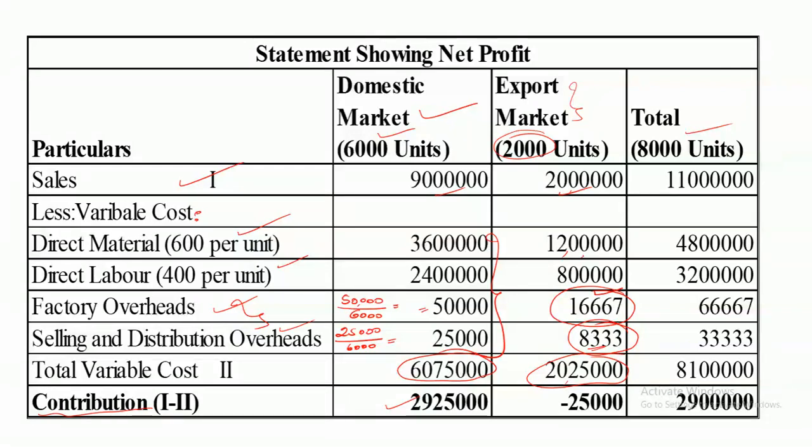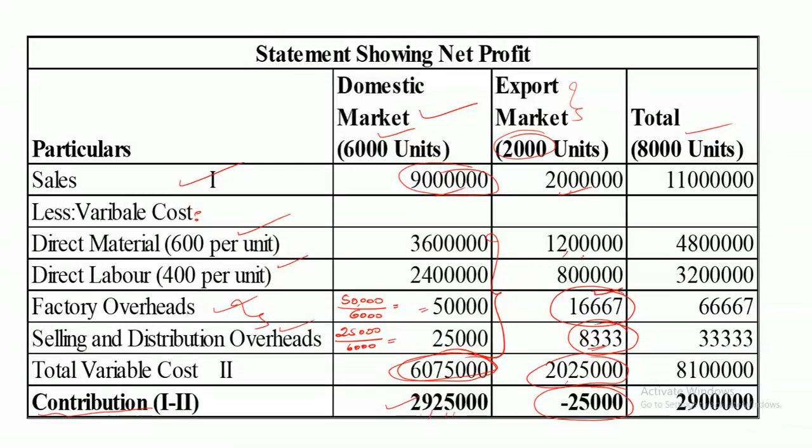In the domestic market it is sales minus the total of the variable cost. So this is 1 and this is 2. 1 minus 2 will give you the contribution. So here 29,25,000 is the contribution. However, if you accept the export order, the contribution is negative.